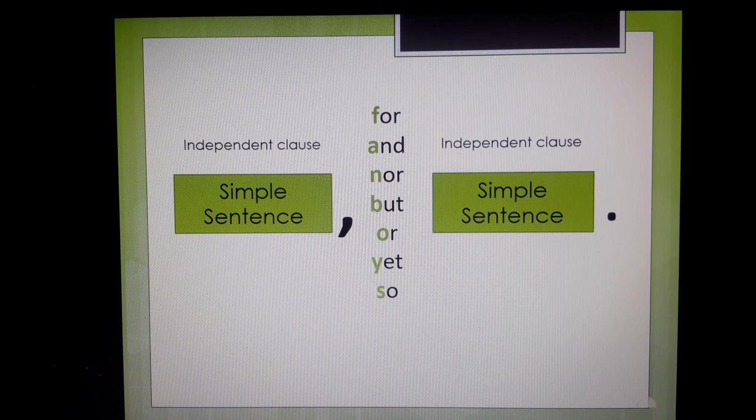The comma would go where the first sentence would end, where it might have had a period before. You're going to use the comma as the punctuation. And then you're going to use the correct fanboy or coordinating conjunction before you add the second independent clause or simple sentence. And then we, of course, end this compound sentence with a period.